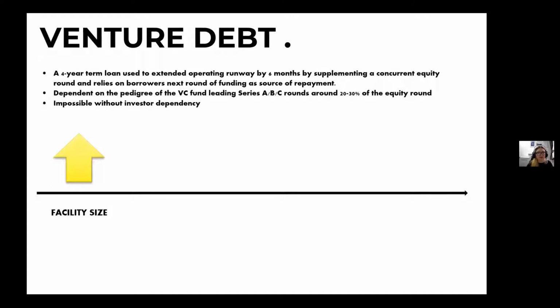In the best of cases, what you will find is that the lender already has pre-existing amazing relationships with the venture capital funds.